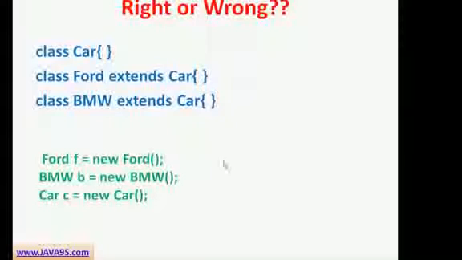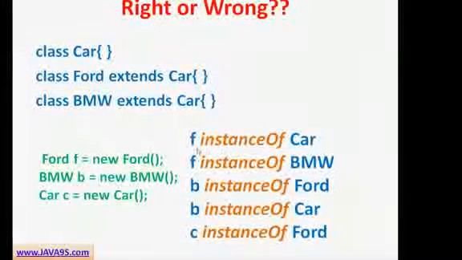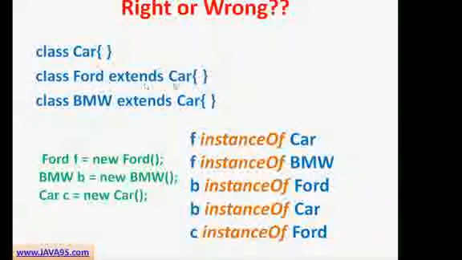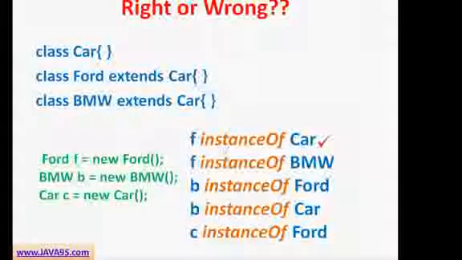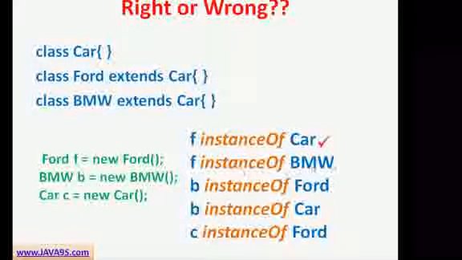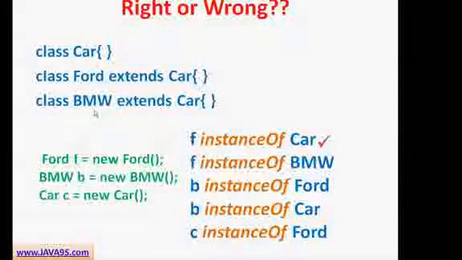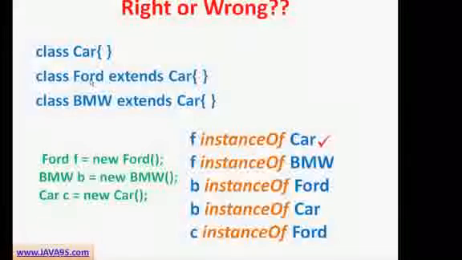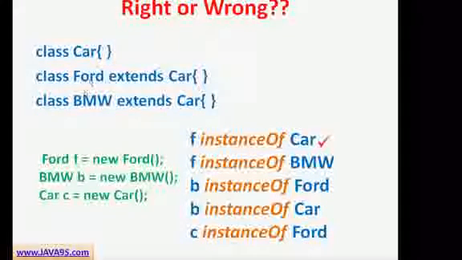So you can see that f instanceof Car, yes, because f is referring to an object of type Ford, and Ford is obviously a Car, so the is-a relationship passes here. Then f instanceof BMW: is there any relationship between BMW and Ford? No, actually Ford is extending Car and BMW is also extending Car, but these two do not have any relationship.